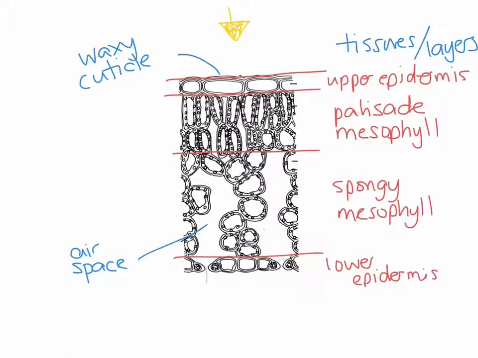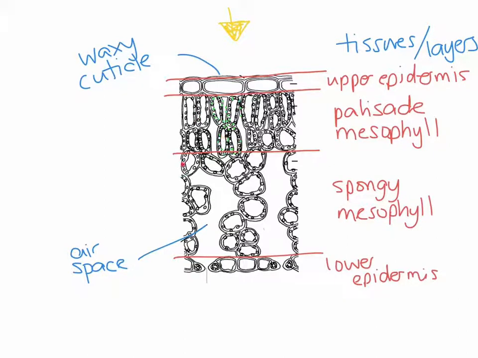Now, if you look at the layer underneath, palisade mesophyll, we've got lots of these little circles here. These are actually chloroplasts. So you can see that there are lots of chloroplasts in this layer here.